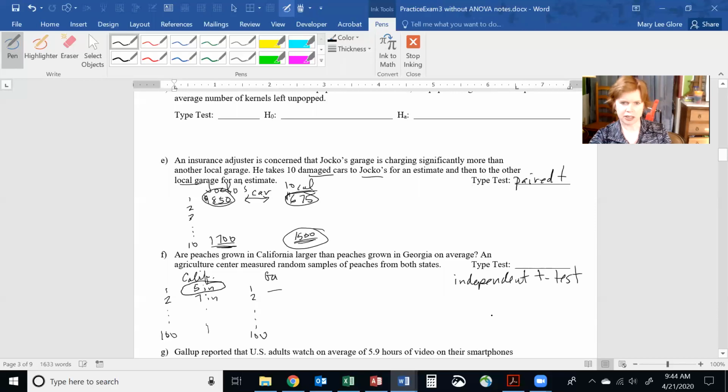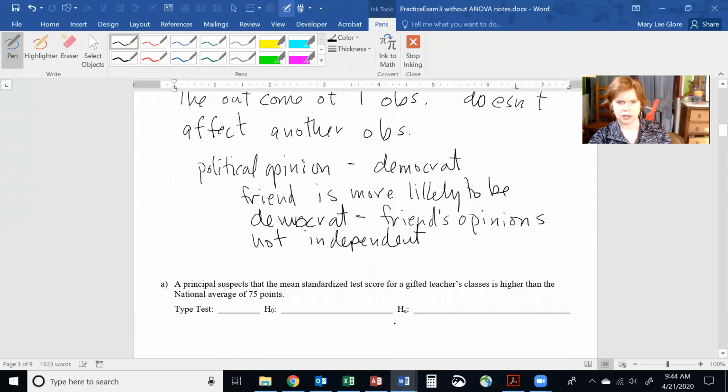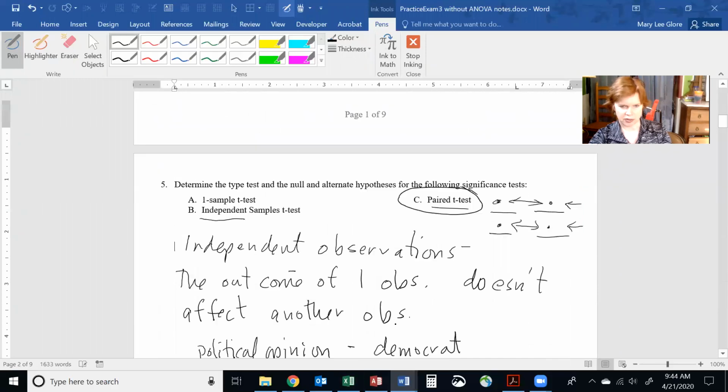Okay, so let's go back and look. The other type of test is a one sample t-test, right? So with an independent t-test and a paired t-test, I'm comparing two variables. So with paired, let's say the friends, well, it's not quantitative.